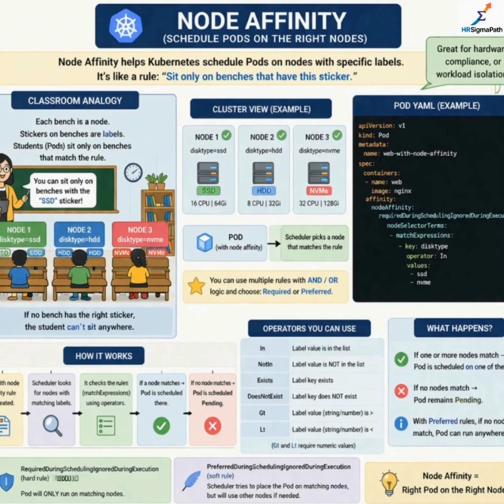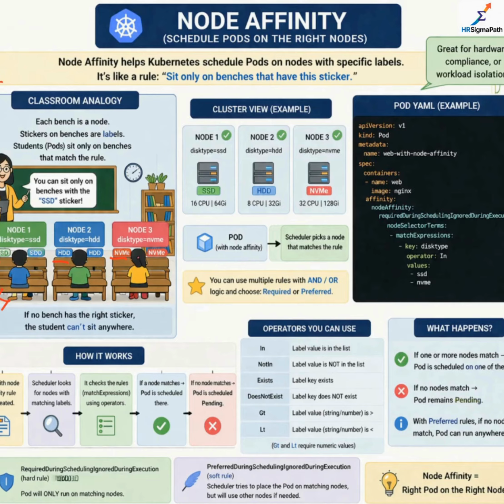So let me explain in the simplest way possible. Imagine in a classroom, each bench is a node. Each bench has some sticker, and these are the labels. The students are like applications, or you can say pods.